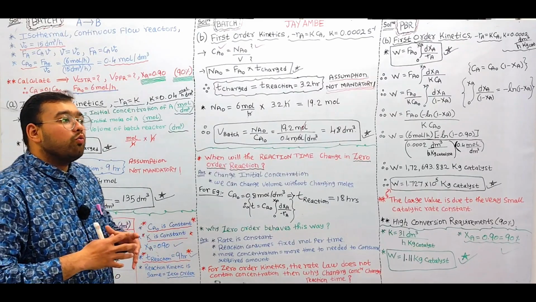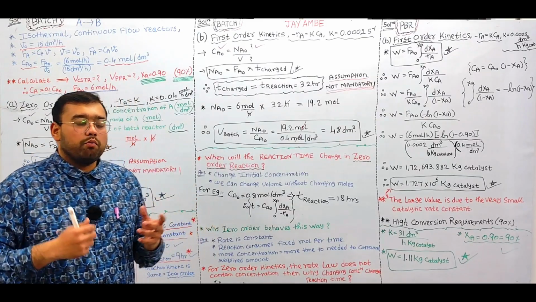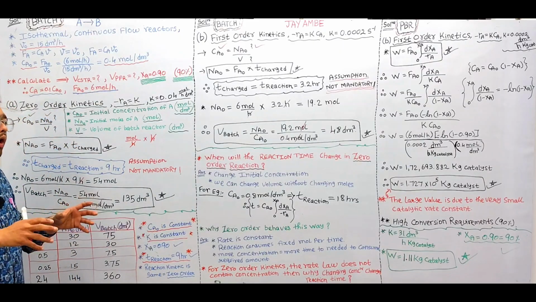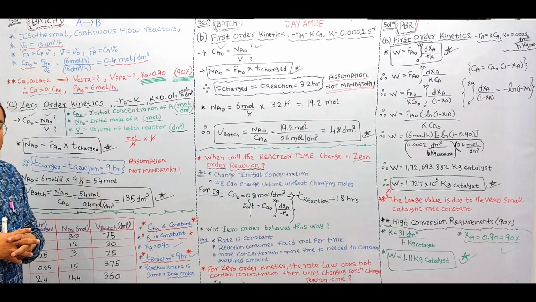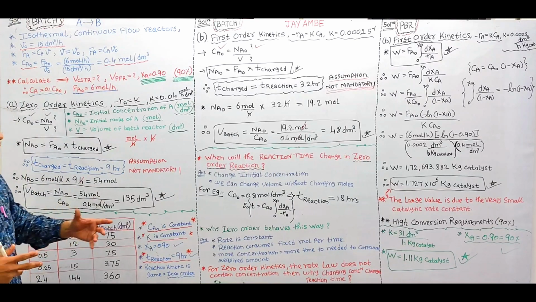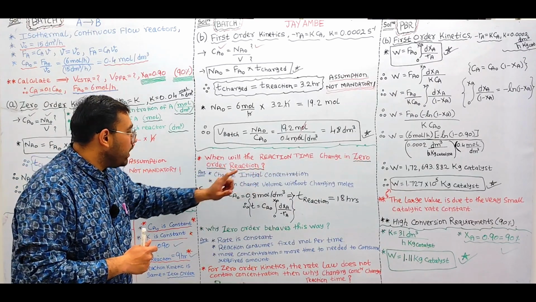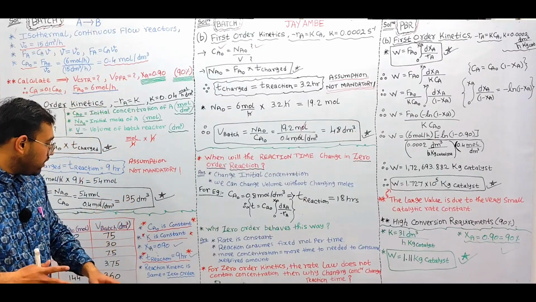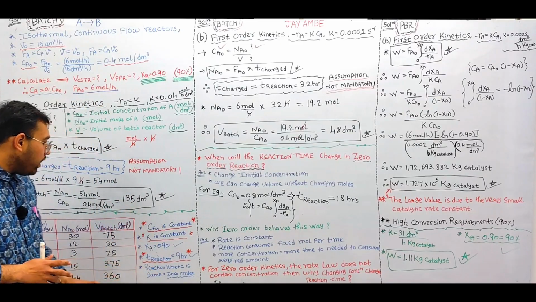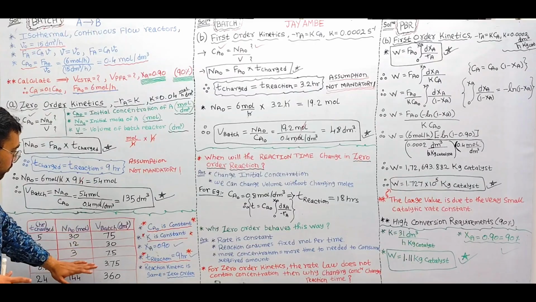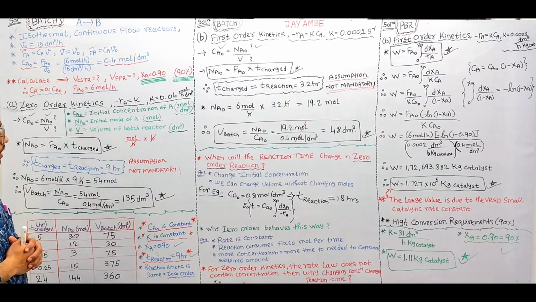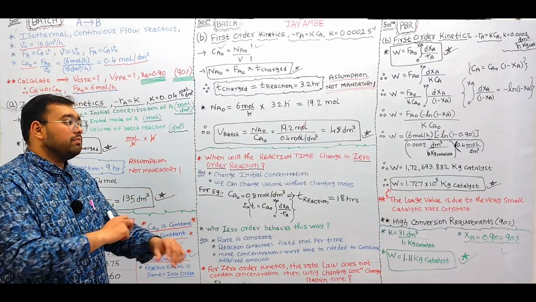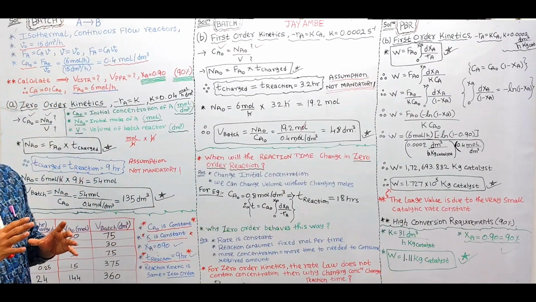Now one more new question will arise in my mind: when will the reaction time change in the zeroth order reaction? How can we change this reaction time? Why do we require 9 hours of reaction time for all the cases?